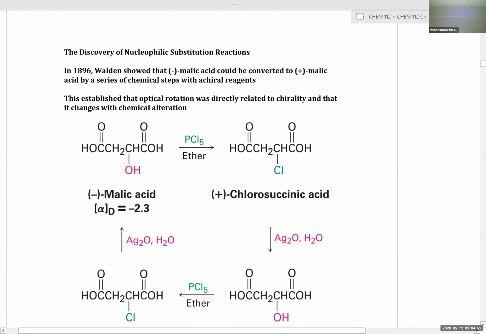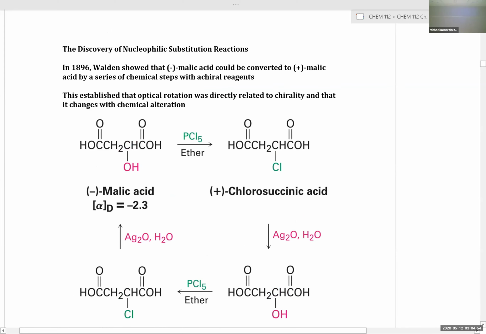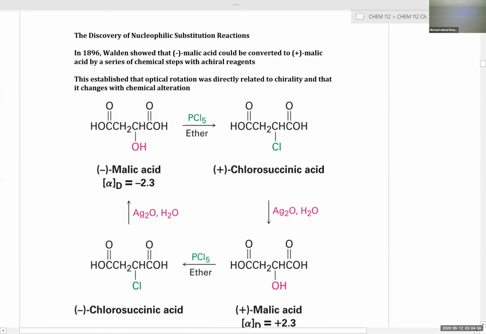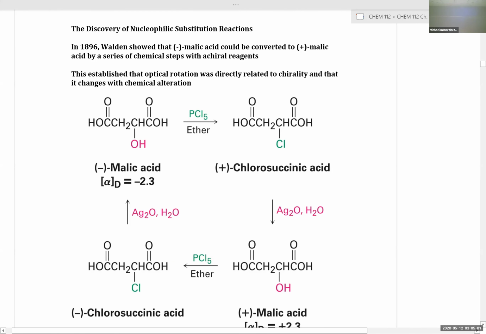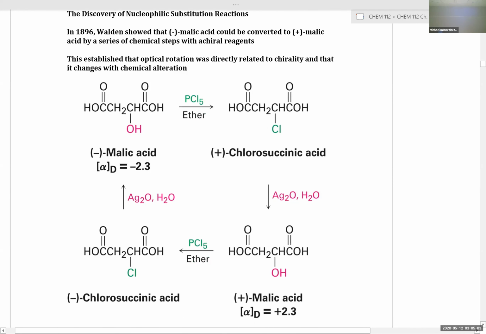Now, an interesting case study that prompted multiple investigations into nucleophilic substitution reactions was the Walden inversion. They showed that you can take malic acid and convert it to the opposite enantiomer via a series of chemical steps with achiral reagents.